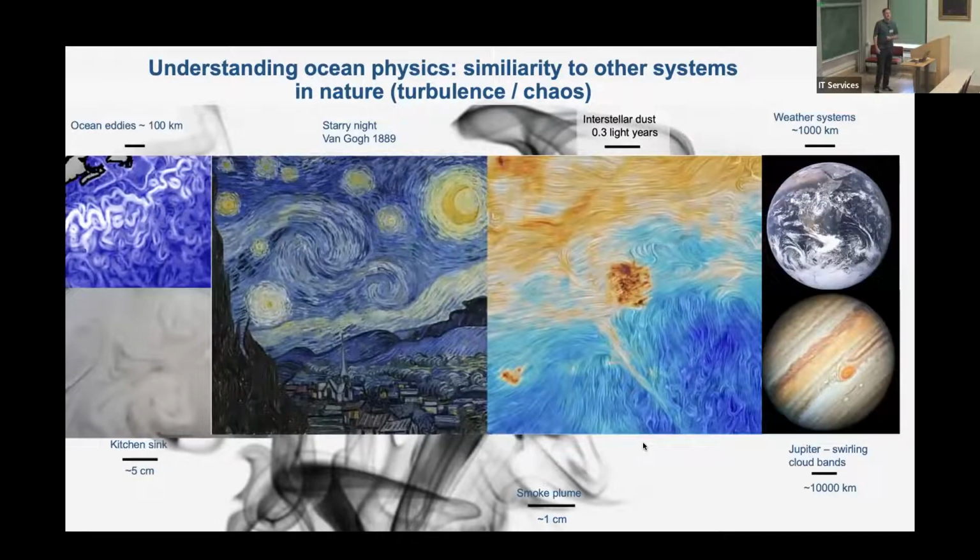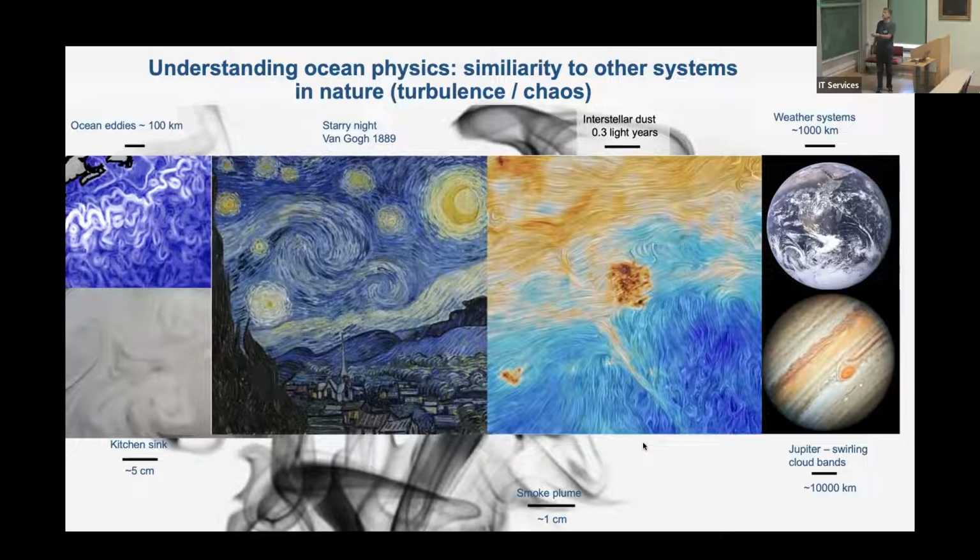But you can have that on a whole range of length scales, ranging from an example that I took when I did the washing up, just some eddies in a washing up sink. It doesn't look too different from what you have here. The underlying force balances are not the same, but the features look very similar.